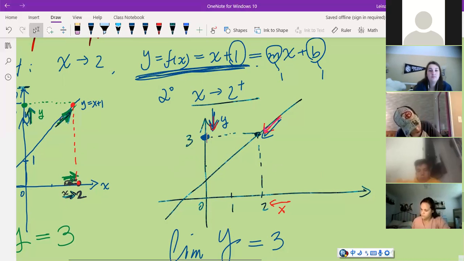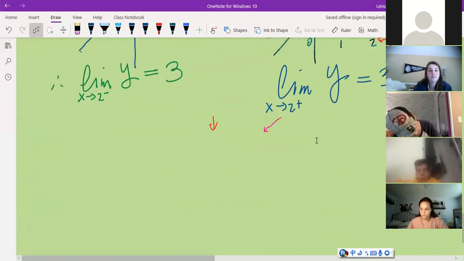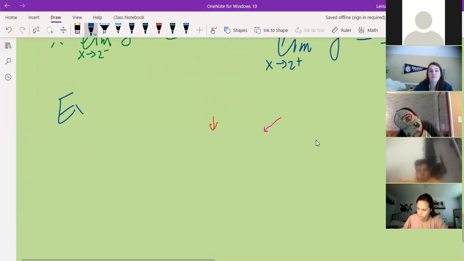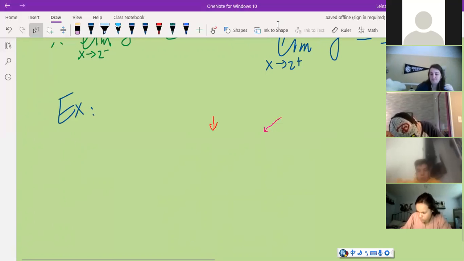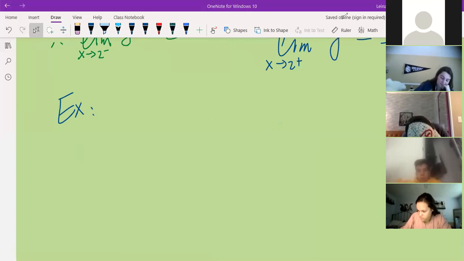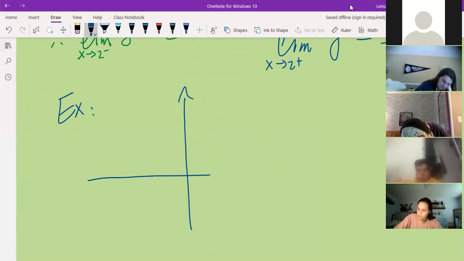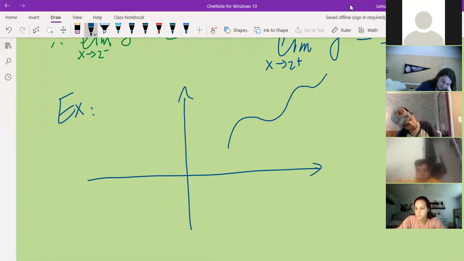I'm going to give you one example here now for you to think about. So exercise. This time I'm going to give you a tricky one here. Okay, I'm going to draw a graph. The graph actually has several pieces. Okay. The one piece looks like this.